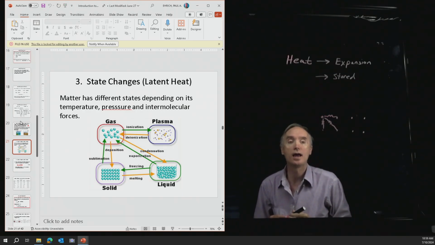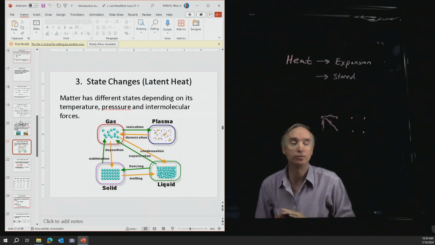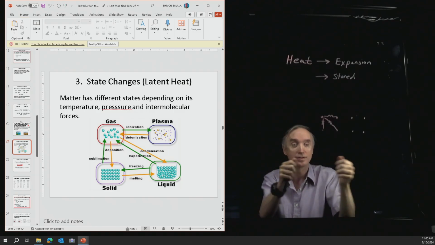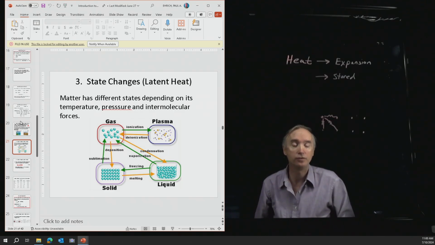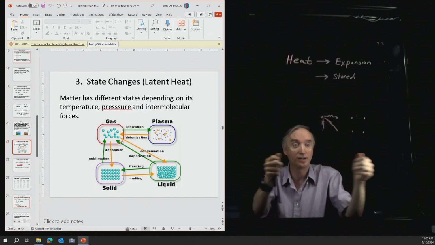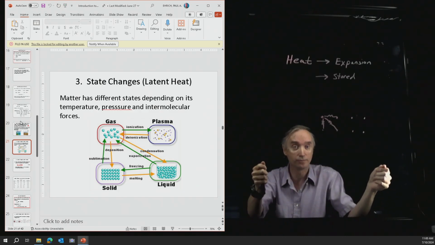And then as we add heat to this material, these springs, these rubber bands, are going to begin to oscillate. And if you increase the amount of heat going to the material, it's going to cause those oscillations to get larger and larger and larger.